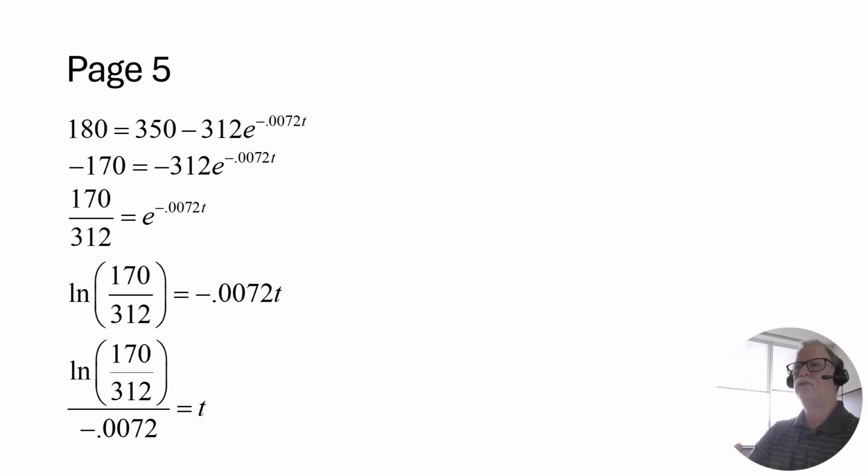This is one of those things where I always caution you about rounding too many times. So maybe you rounded the fraction and then you plugged it into the natural log and rounded it, and then you divided by that, and then you rounded that. It might be too much and your answer's wrong. So I wait until the very end and then I type it in my calculator all at once.